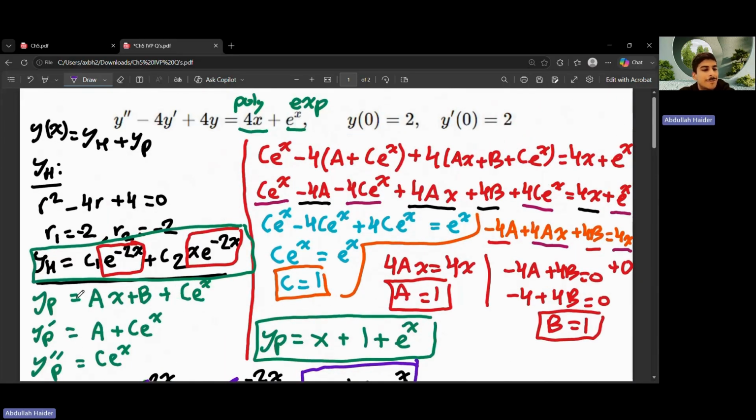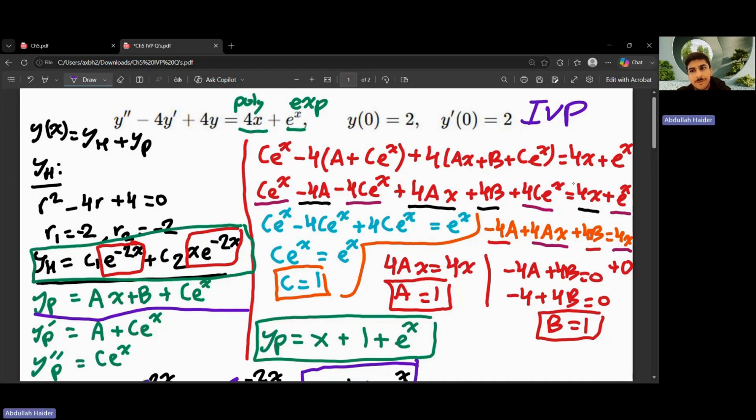So we found yp, and in the past examples this is basically where we used to stop. But since this is an initial value problem, we have to find a, b, c. We have to find c1 and c2. So to find a, b, and c, you take the first derivative and the second derivative, and then you substitute y double prime, y prime, and y into the main equation, expand, then, as I said, you equate the exponents with the exponents together.